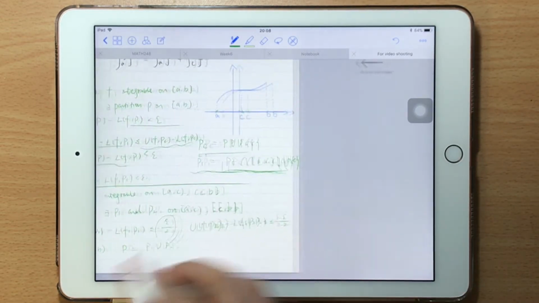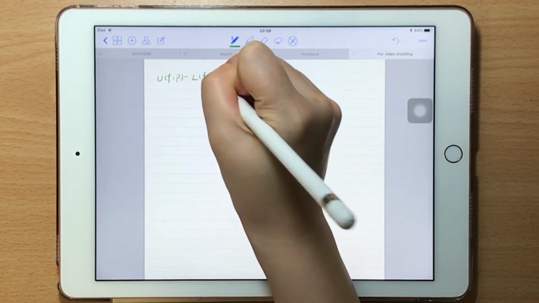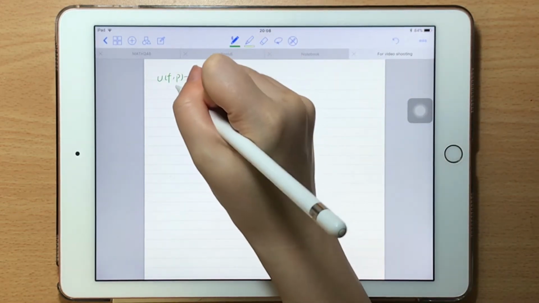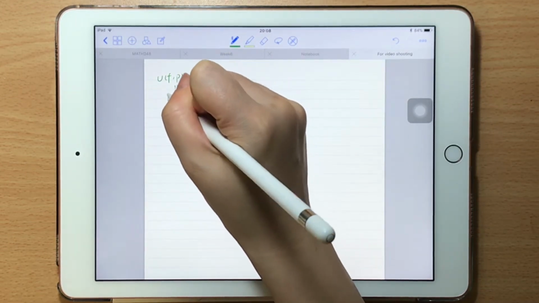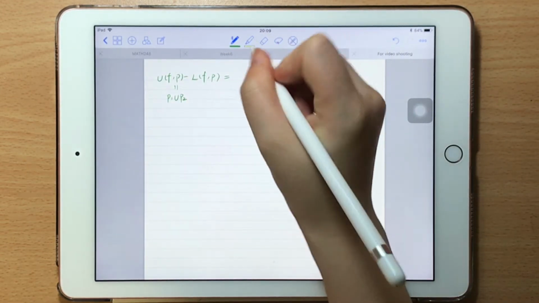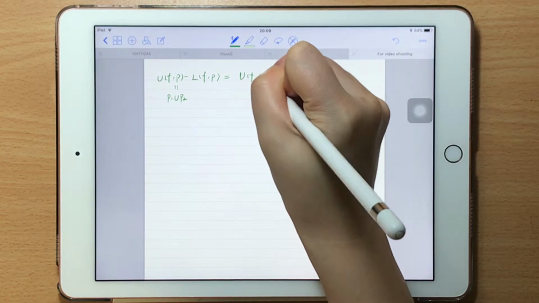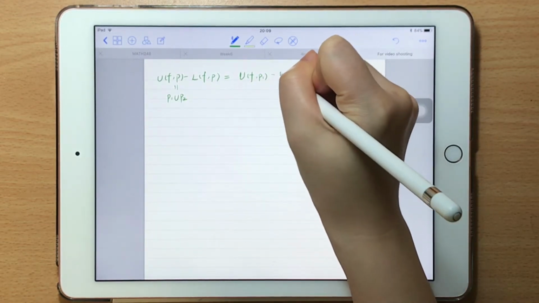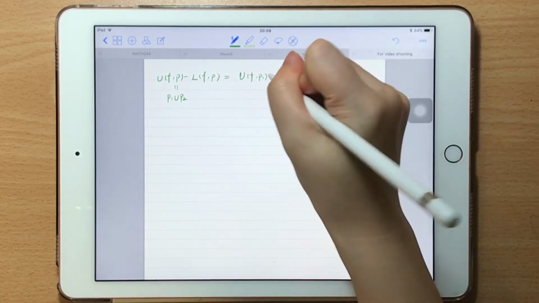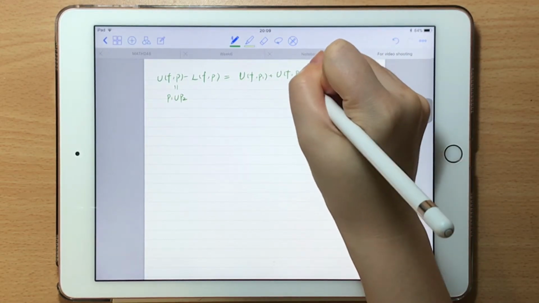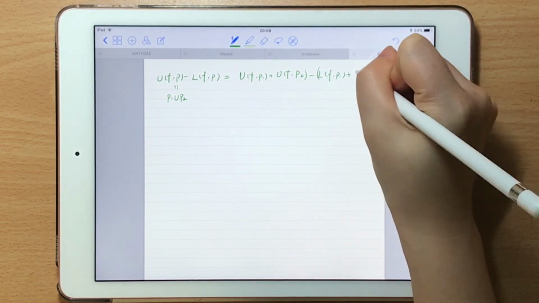So we will then have U of P minus L of P equal to what? Well, consider P is now the union of P1 and P2. We will have U of P minus L of P, actually we can first write it as U of P1 plus U of P2 minus L of P1 plus L of P2, right?